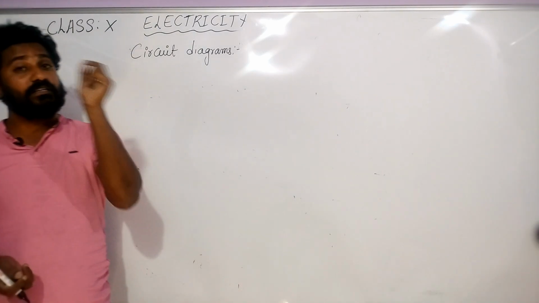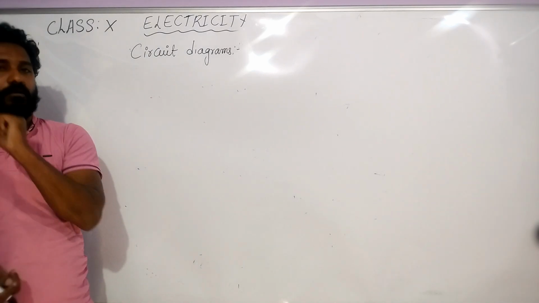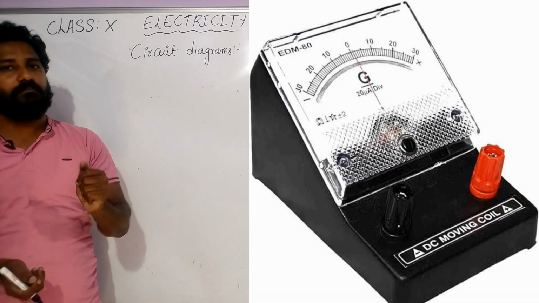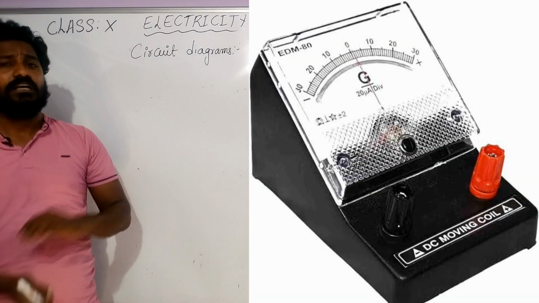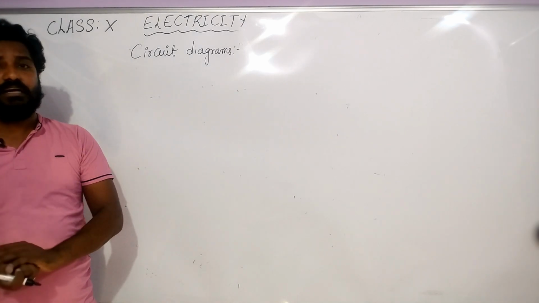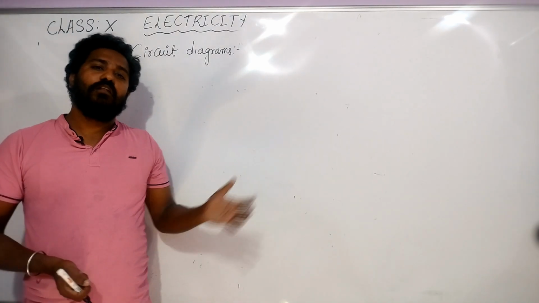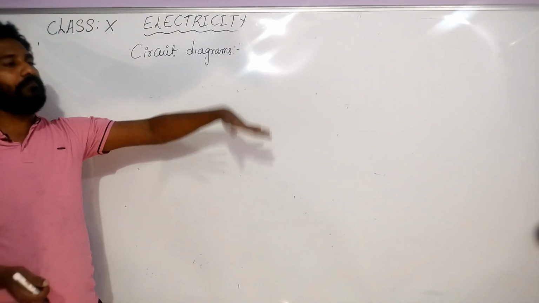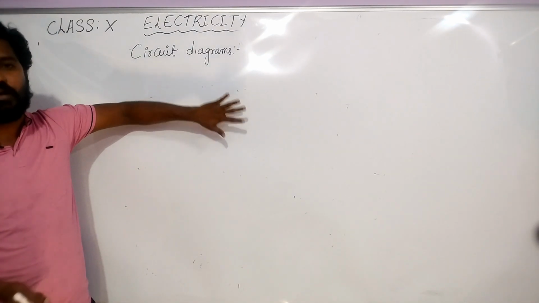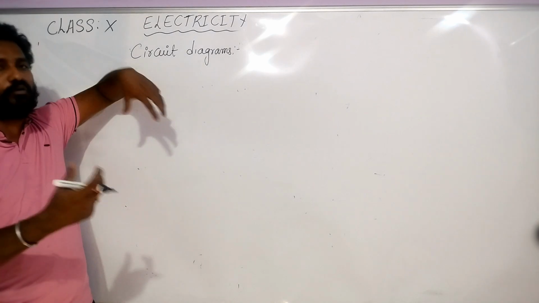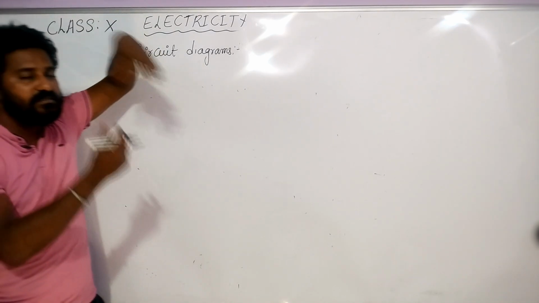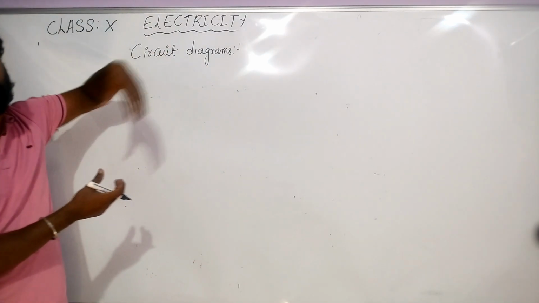Like that, if I write G, it means galvanometer. It is also the same kind as an ammeter and voltmeter. Galvanometer is used to detect electrical current in a circuit. So whenever I want to write these on the board, I want to represent them in a symbolic manner.